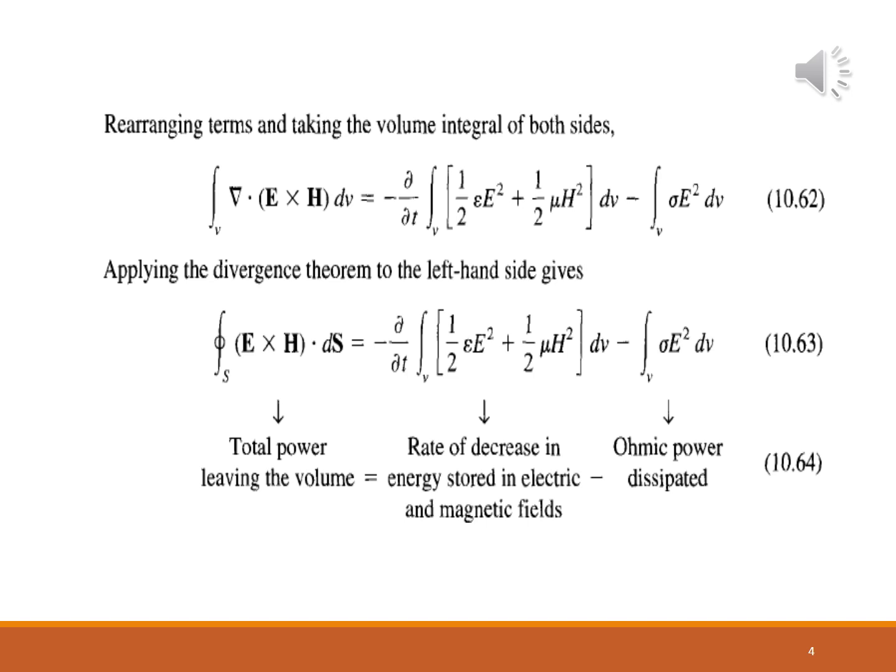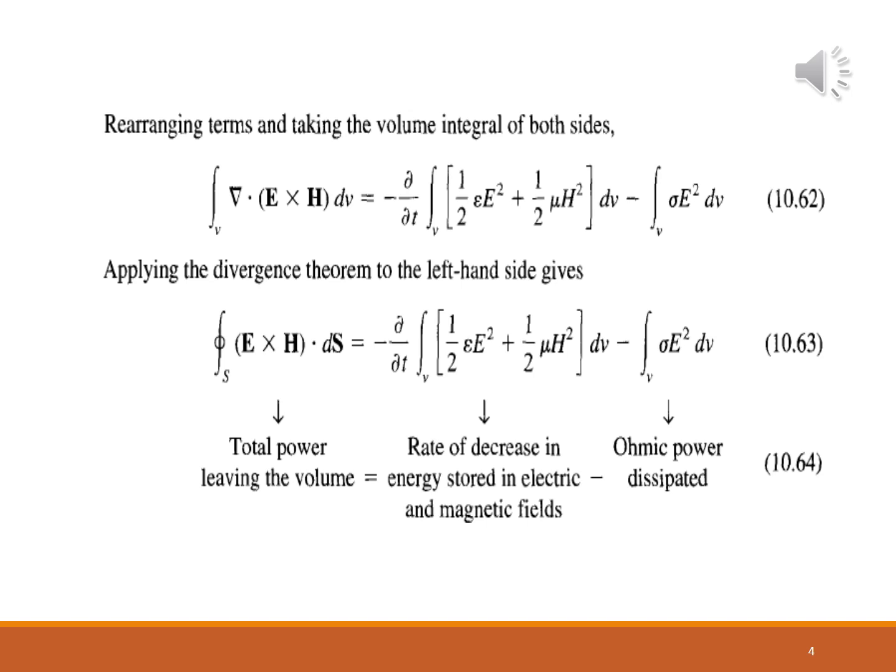So now what you see is this equation 10.63, and the physical interpretation of its terms is as given below. The left hand side, surface integral of E cross H dot ds, gives you the total power which is leaving the volume. The first term on the right hand side corresponds to the rate of decrease in energy stored in electric and magnetic fields.